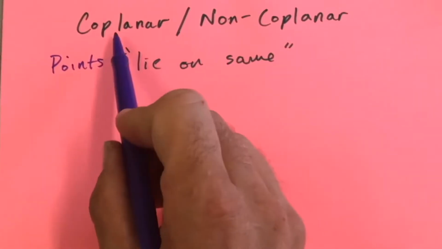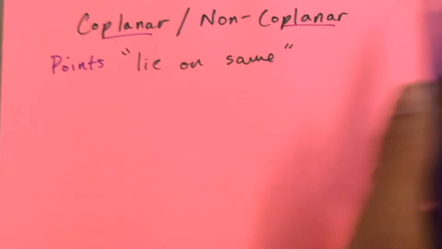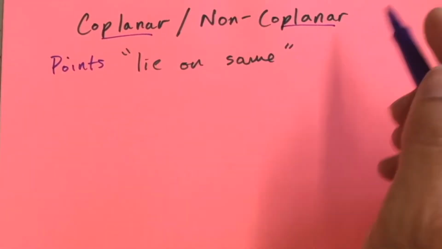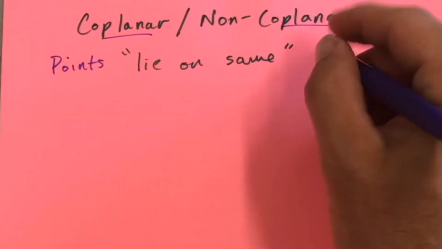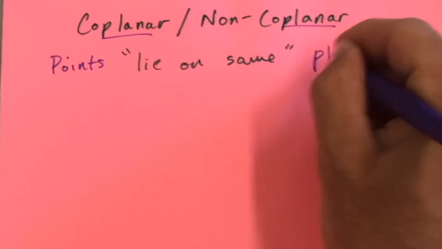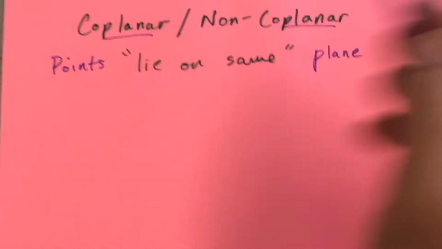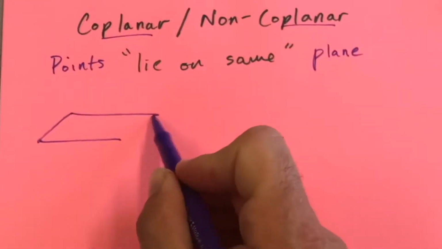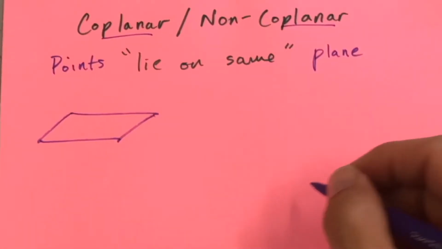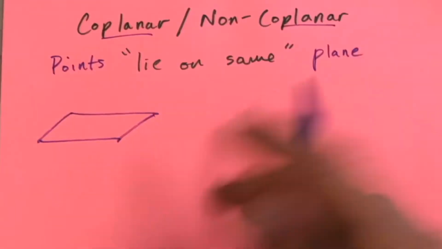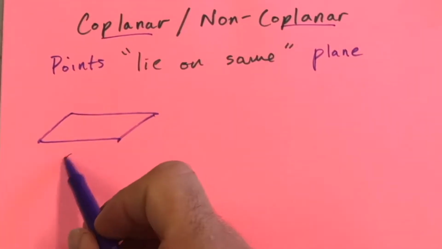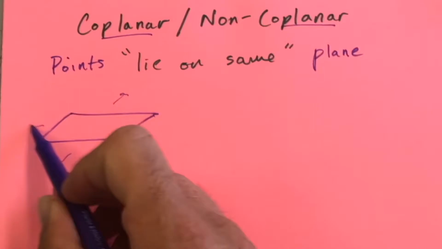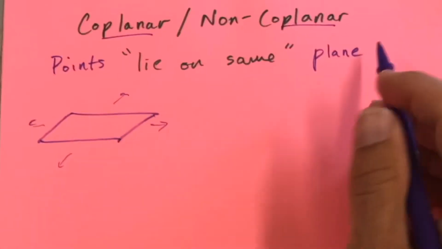Now, we said previously collinear was lines, so if we're talking about coplanar, well, we're probably talking about a plane. Now, a plane is a specific surface, and I draw it on a slant to show it in its 3D fashion, specific surface in space. We're talking about a flat surface in space that we would assume is going in all directions infinitely.